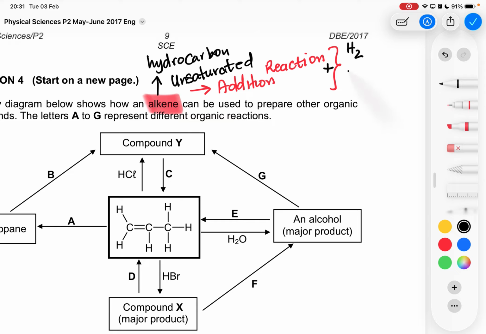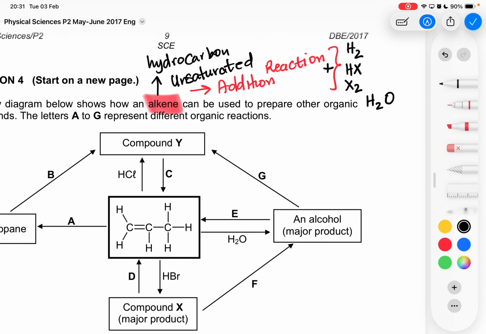We can add hydrogen, we can add HX, hydrogen bromide, we can add X2, and we can also add water.